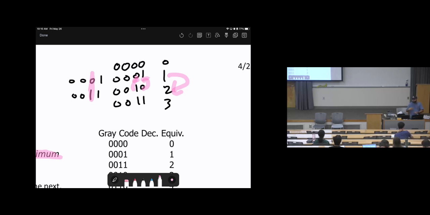When I move to the next bits, I will change only one bit at once. So when I move to the following number, what I will change, I can change this to 0. You see? So only one change at once. This is the whole idea of gray code.